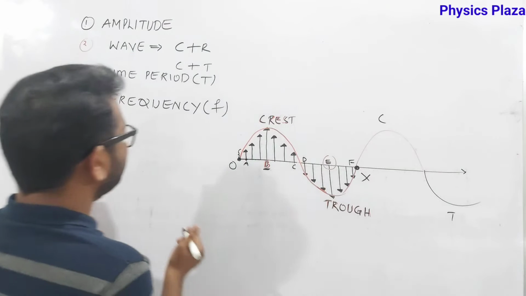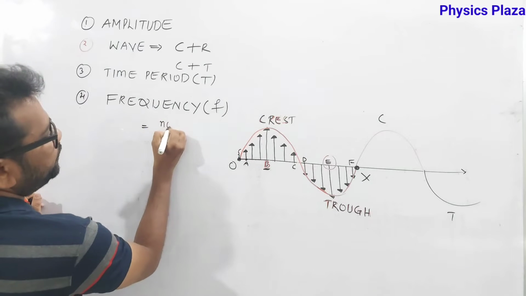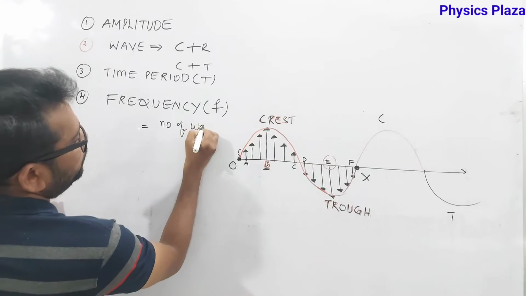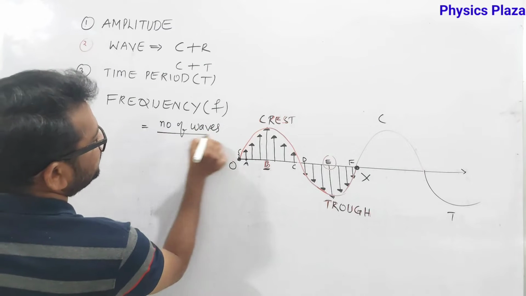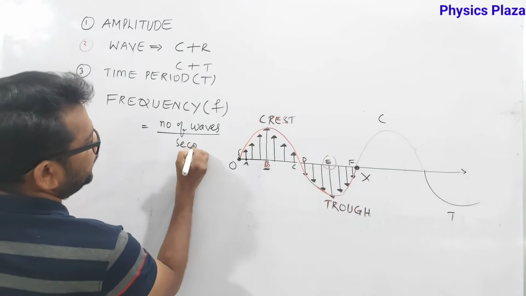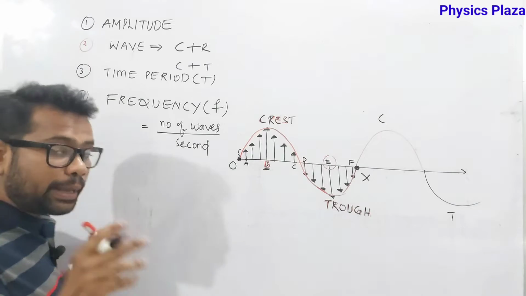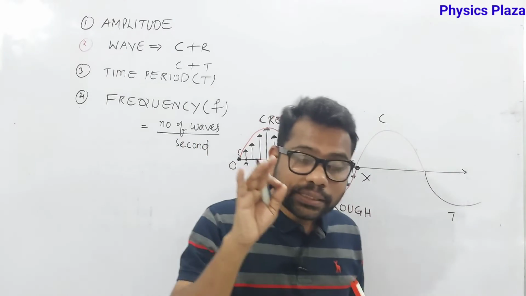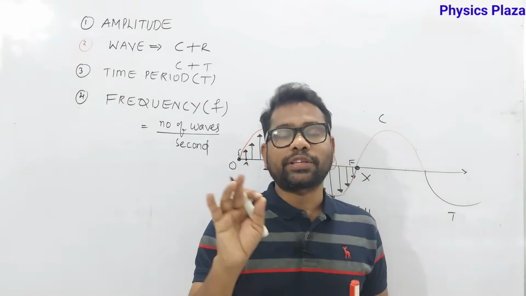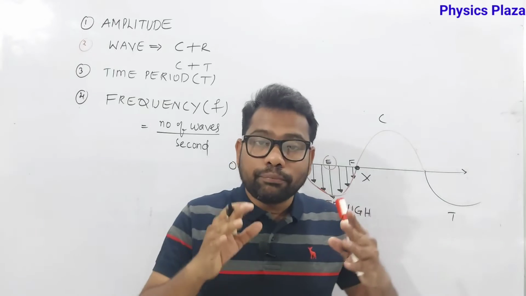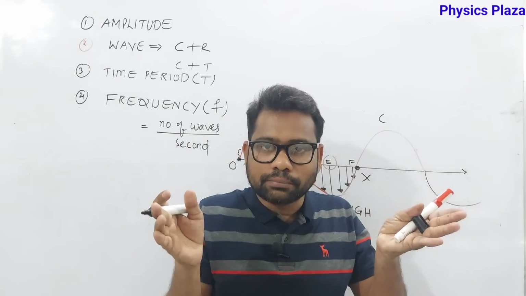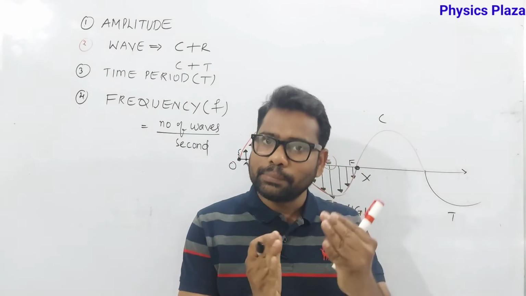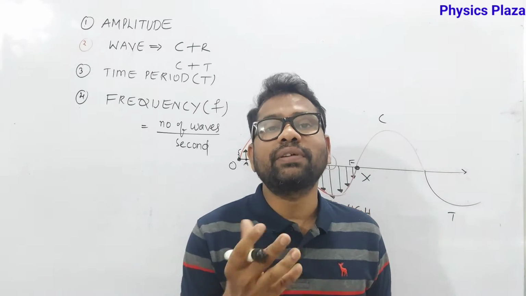So how to calculate frequency, children? The number of waves per second. The number of waves produced in a second is called frequency. If more waves are produced in a given time, frequency is more. If fewer waves are produced in a given time, the frequency is less.